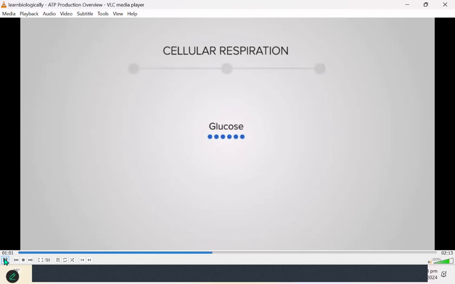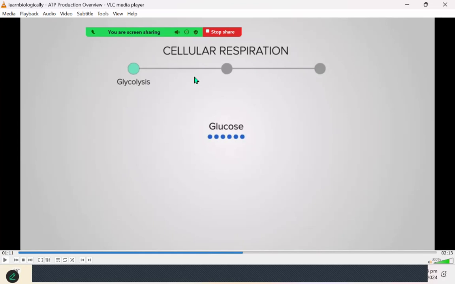Well, the process has 3 steps. The first step of cellular respiration, glycolysis, starts with a single glucose molecule. Cellular respiration has three stages. This is really good because it gives you an overview of what's going on. We cannot go into more discussion on these three systems or cycles.